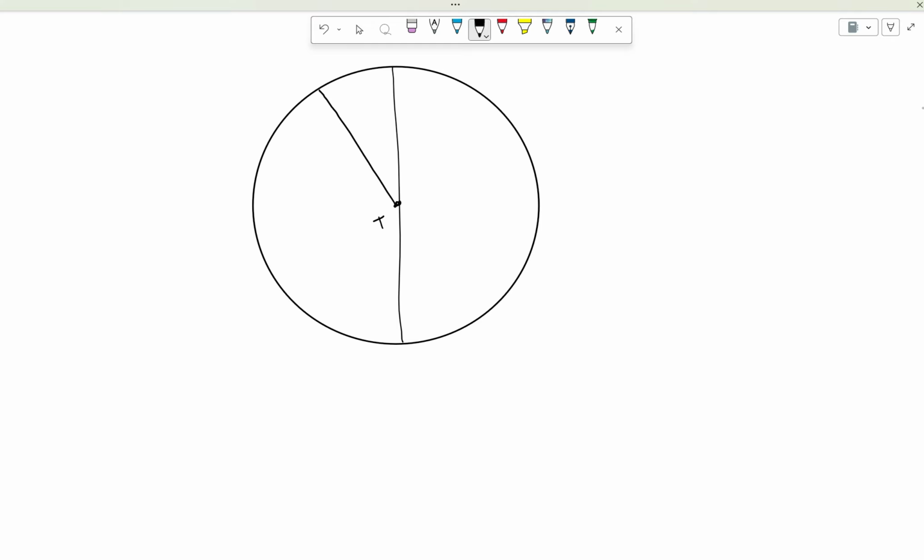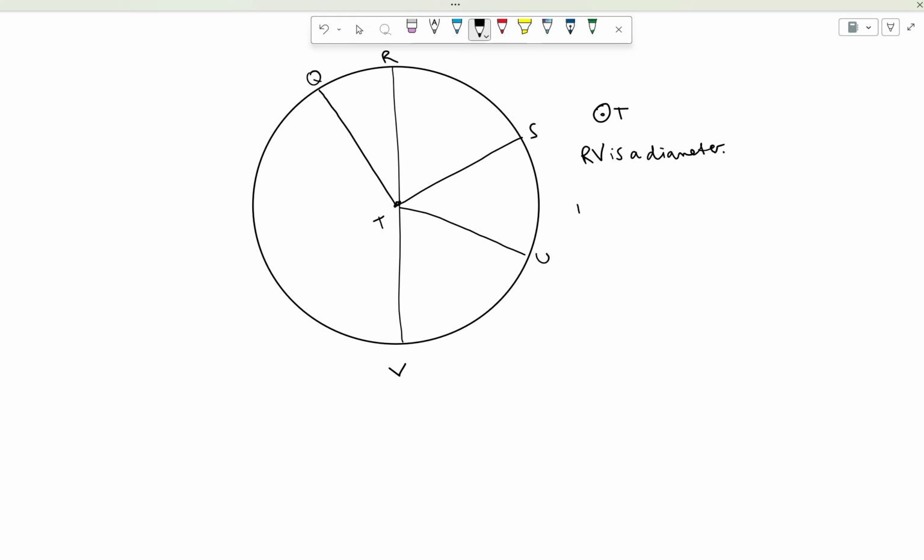This is going to be point T right here. This is Q, this is R, S, U, and V. So what we have here is circle T, where RV is a diameter. And remember what a diameter is: a chord through the center.